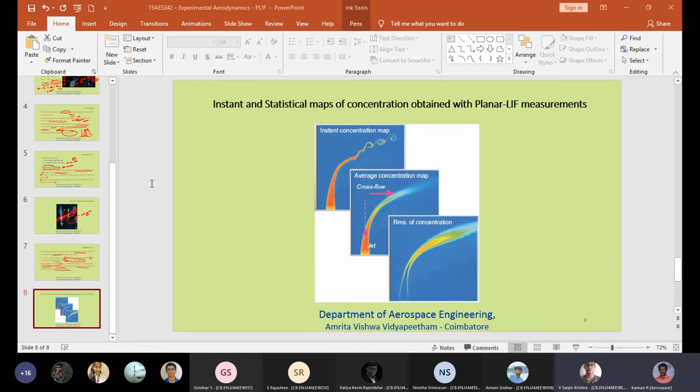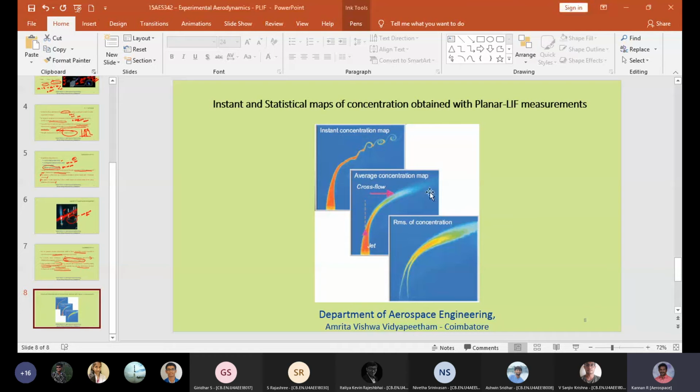RMS is the root mean square of that quantity. I'll tell you. Can you see the screen?